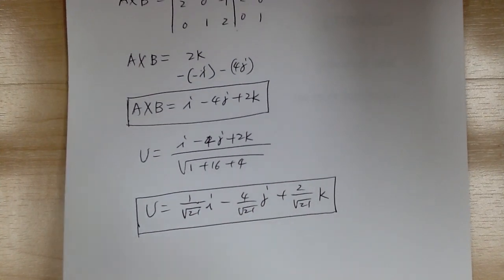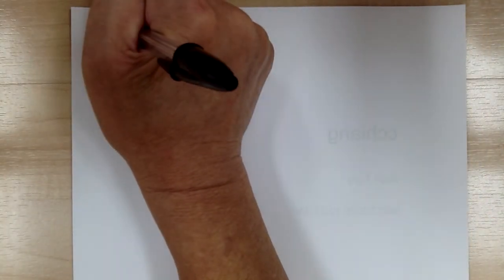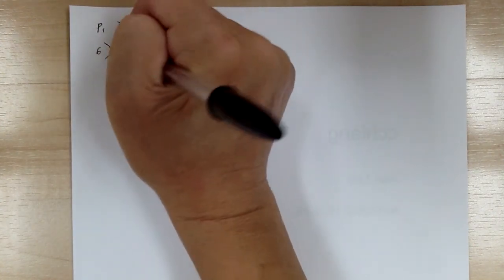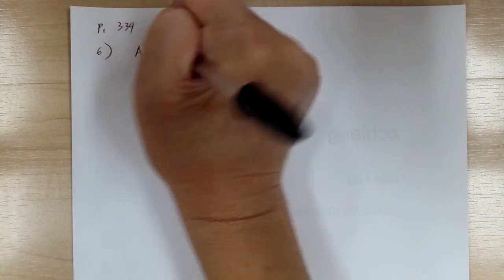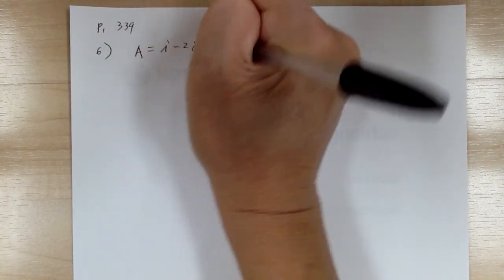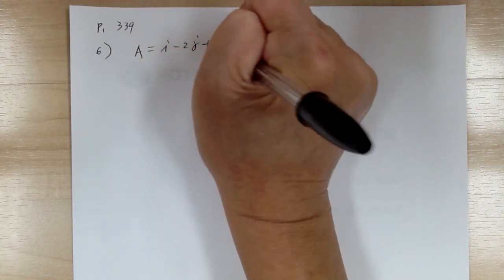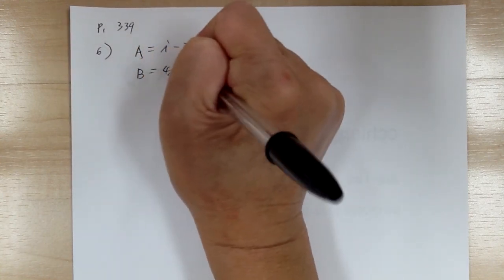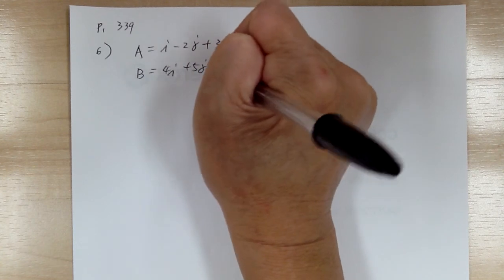Okay, let's go to number 6. Same type of problem, so you got vector A is i minus 2j plus 3k. Vector B equal to 4i plus 5j minus 6k.